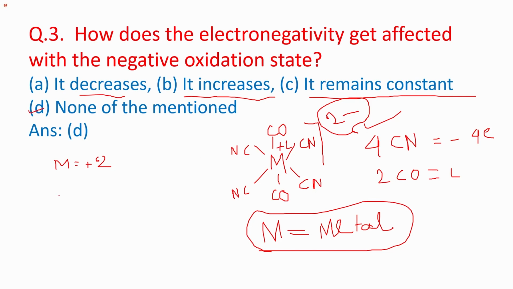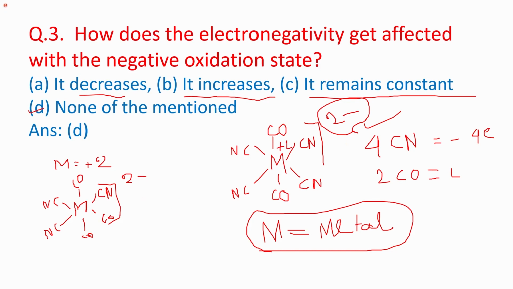Let's draw another example, let's say a metal with CN and CO ligands. Now let's say instead of this, I will take the 3 CO molecule. So 2 minus. Now let's say the whole charge is negative, so this is also 2 minus, and this is also 2 minus.